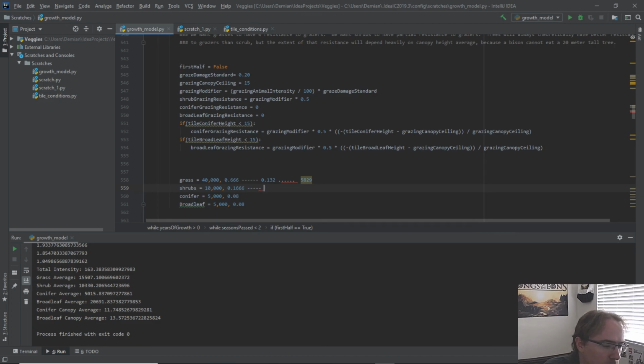Our shrubs are going to lose 166. Is that right? So their innate resistance is 0.1.